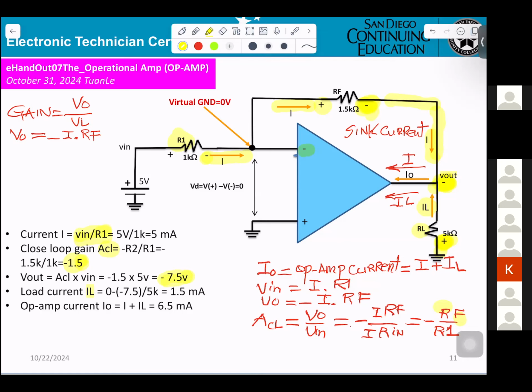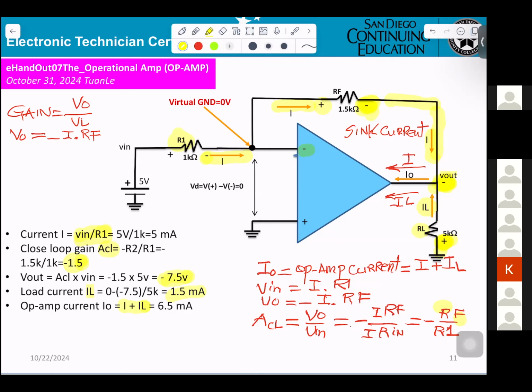So one side will be 0, the other side will be V out. So 0 minus minus 7.5, divided by 5K, you get 1.5 milliamp. Op-amp current will be the total of I and IL, so add them up.